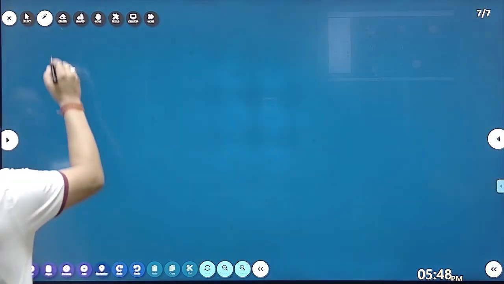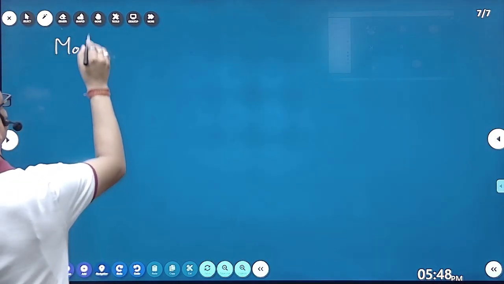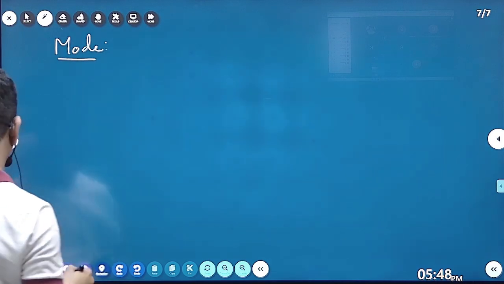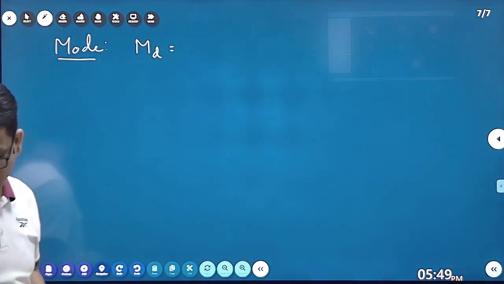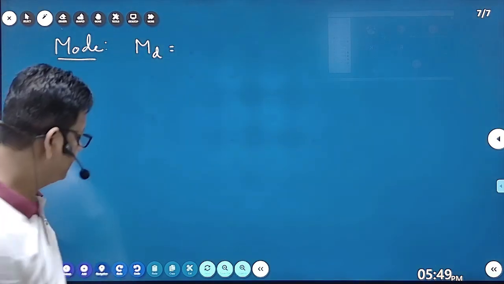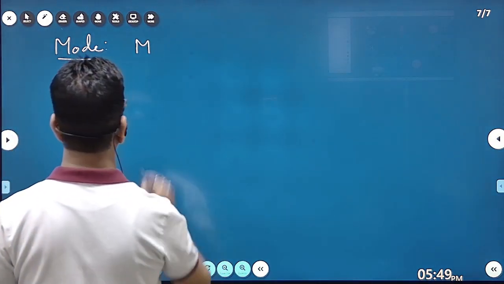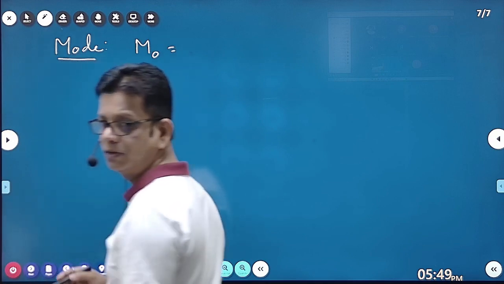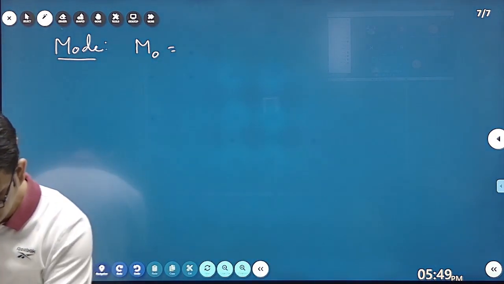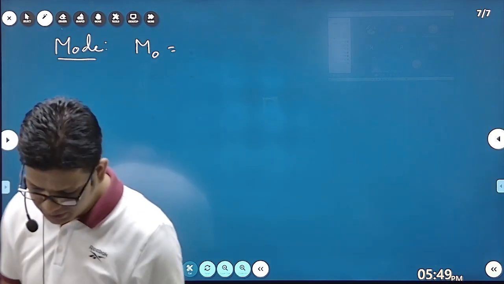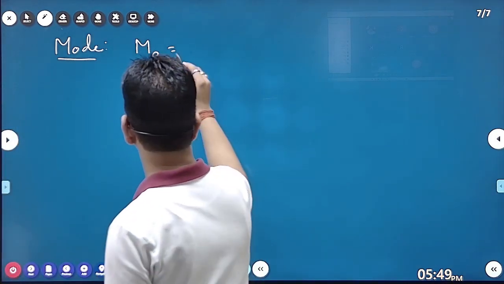Okay. Now let us go for the next, which is mode. Mode, it's written MD in our books. Sorry, MD is written for median. So in our books, MO is written for mode. It is on page number 295. I'm changing the symbol from what they have given there.